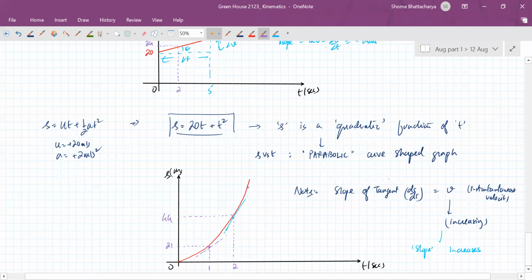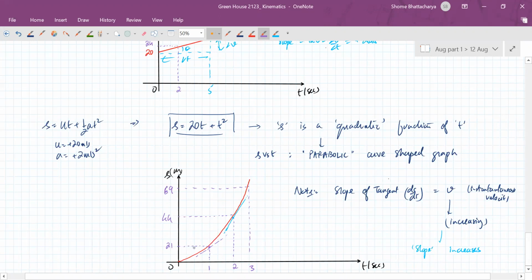The displacement at 3 seconds, for example. I'm not drawing the graph to scale. The displacement at 3 seconds would have become 60 plus 9, so 69. So you can see that it's increasing in a non-linear fashion.